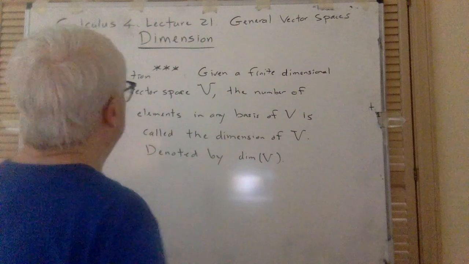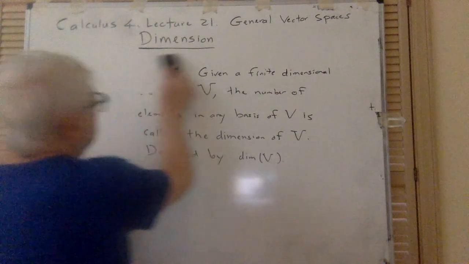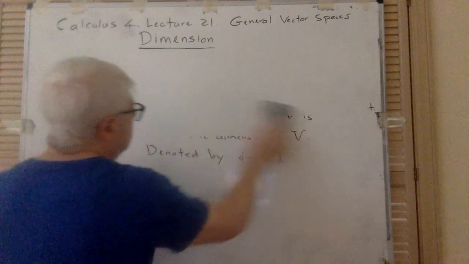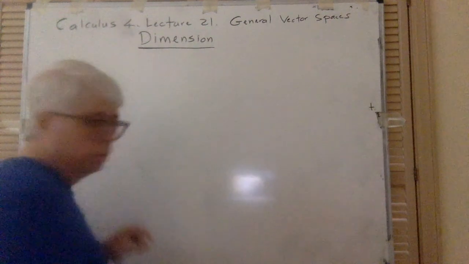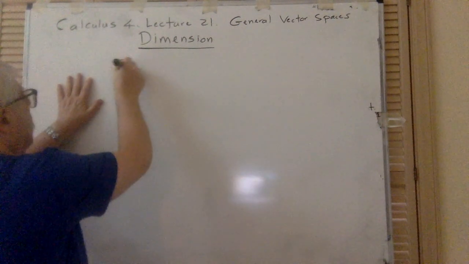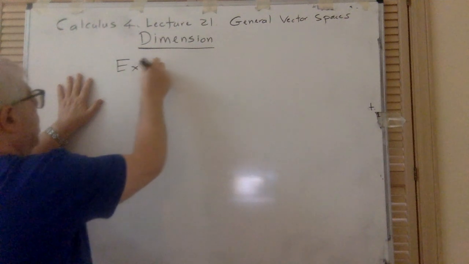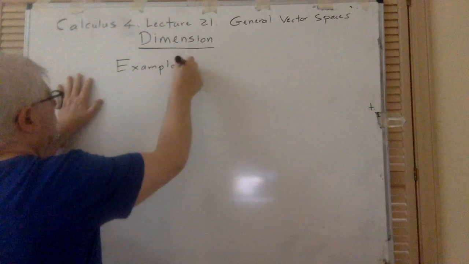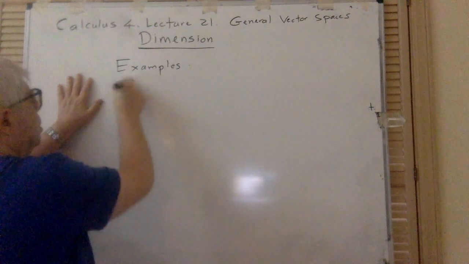Okay, let's look at some vector spaces and the dimension for them. So, examples. One is Rn.